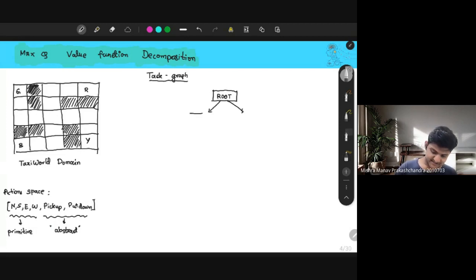One is the subtask saying pick up, and the second subtask is drop off. So if you have no passengers, you perform the operation of pick up passenger. If there are passengers present, you perform the operation of drop off.